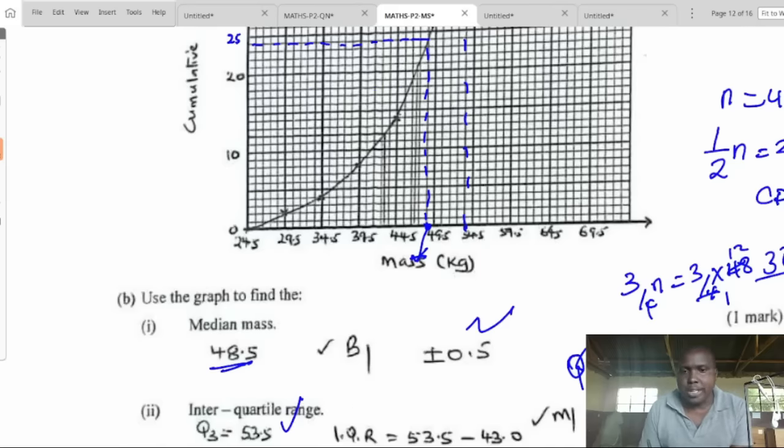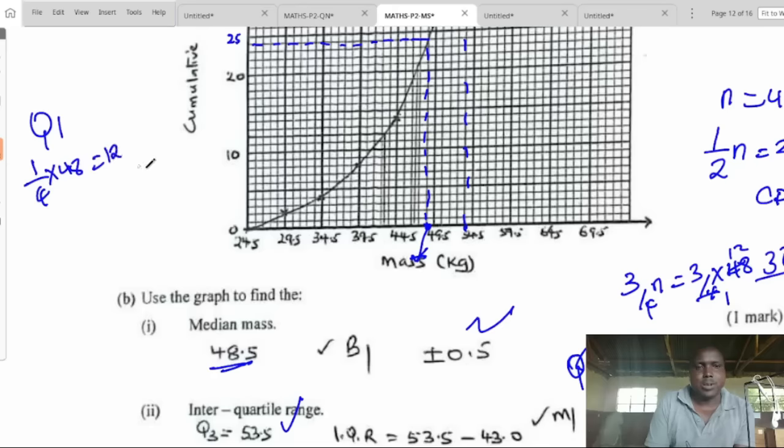Then you calculate the Q1, which is the lower quartile. How do you calculate? Q1 is 1 over 4, a quarter of n. A quarter of n is 1 over 4 times 48. Our n is 48. So this is 1 over 4 times 48, and that is 12. So you come to the CF, where CF is equal to 12, that is 11, 12.